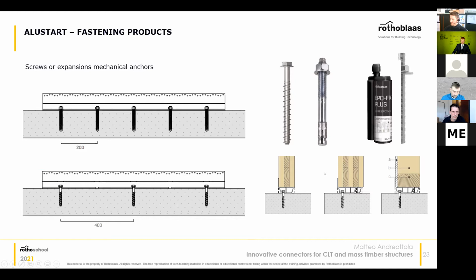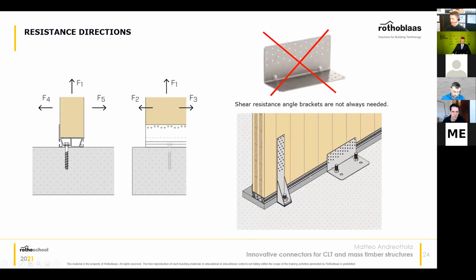This is again a picture of the different possibilities that you can get, and here are the resistances that you get. The biggest advantage here is that you don't need a lot of angle brackets, and this is a very good thing, because you really save a lot of time with not needing to place all these angle brackets.